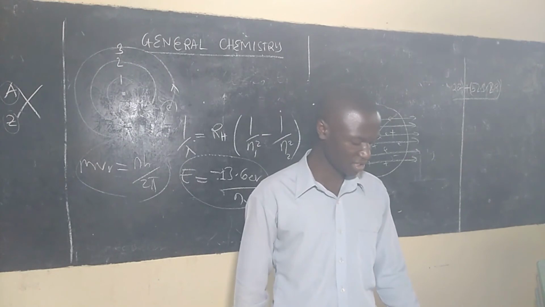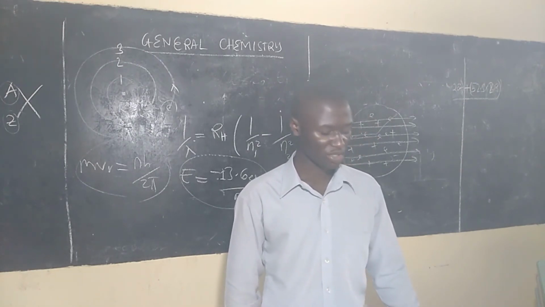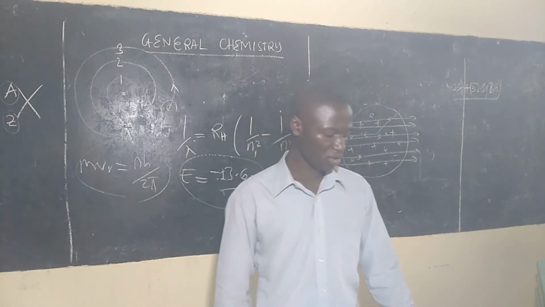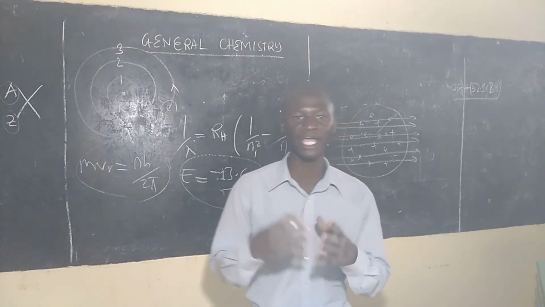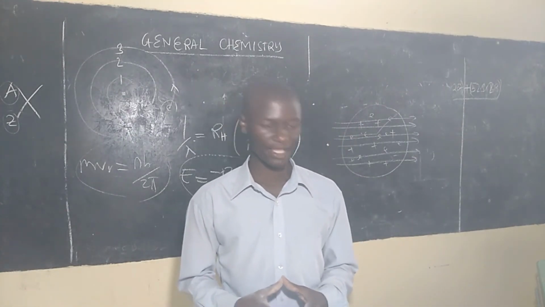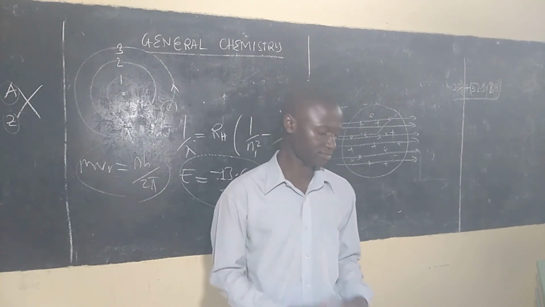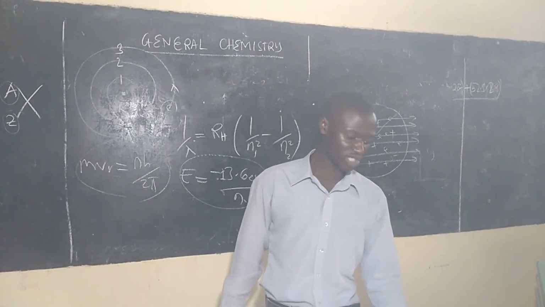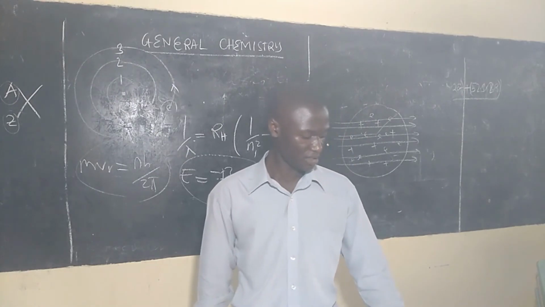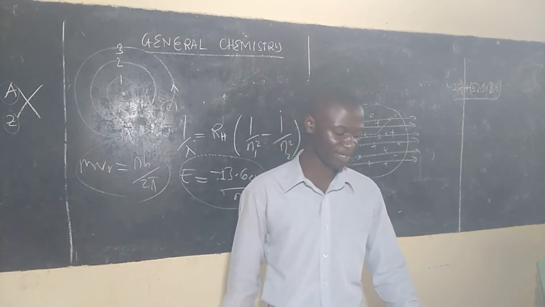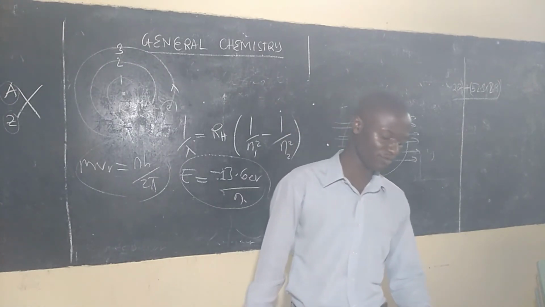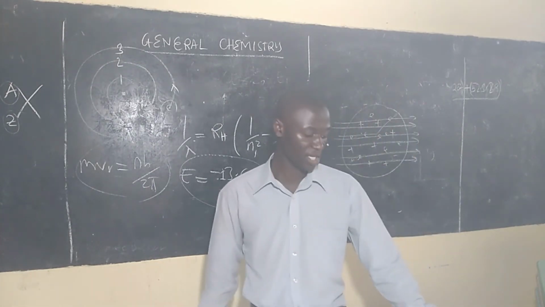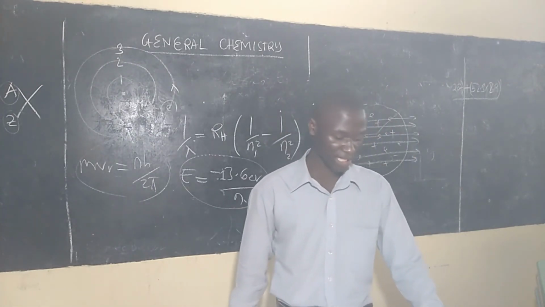And number 6, it couldn't account for the relative brightness of spectral lines. Baadhi ya spectral lines zinaonekana kuwa bright kuliko nyingine. Why? It couldn't account. Lakini number 7, he was challenged by Heisenberg that it is impossible to determine both velocity and the position of the moving electron at the same time, as we have said earlier.